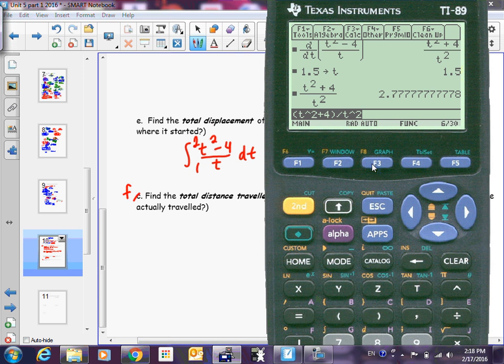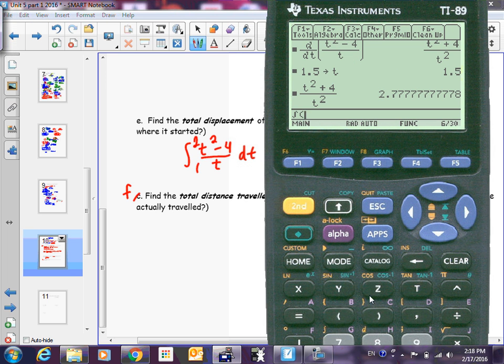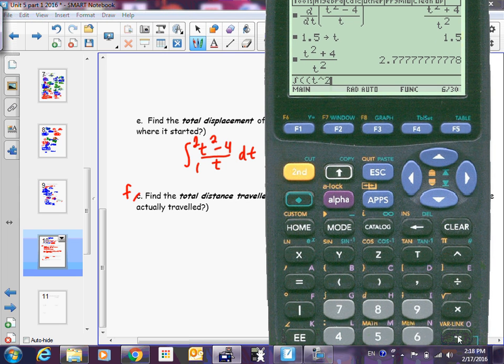This will account for moving right, moving left, net change, basically. So if I go ahead, I'm going to clear my variables because I want to use t again, although I could use any other letter. F3, integrate. And I could have tried to copy and paste, but I'm just going to retype it in.